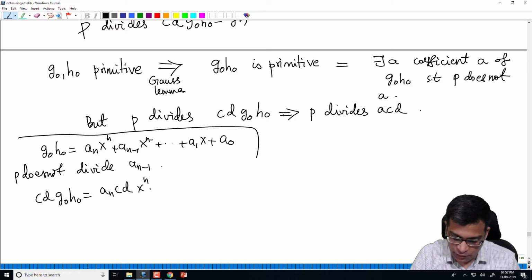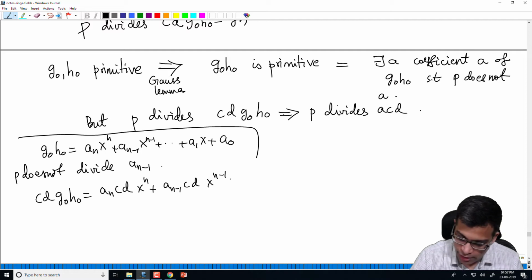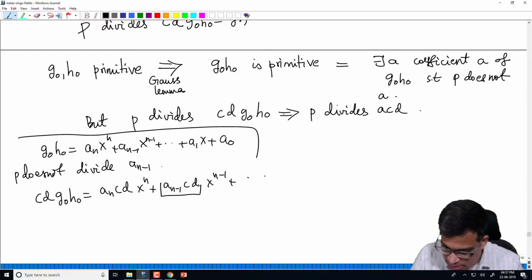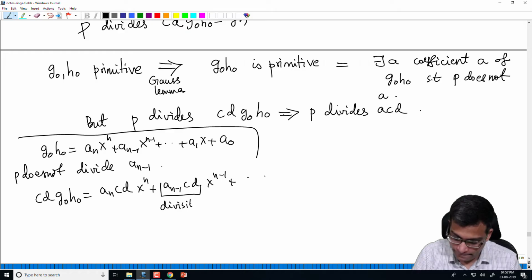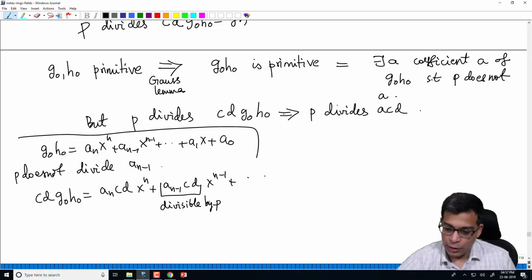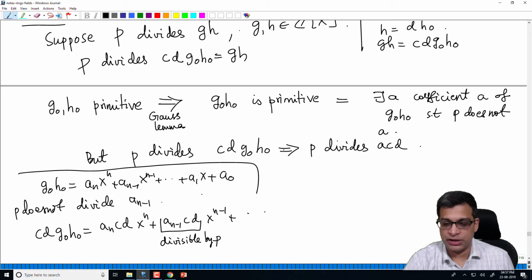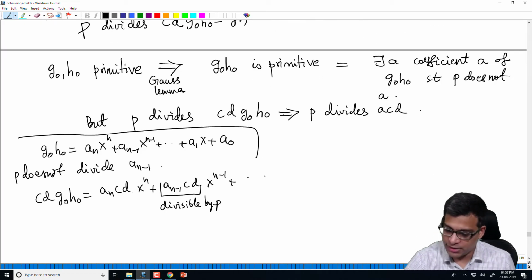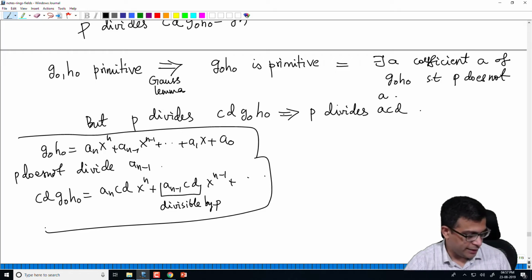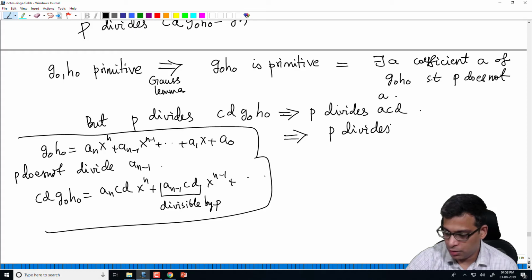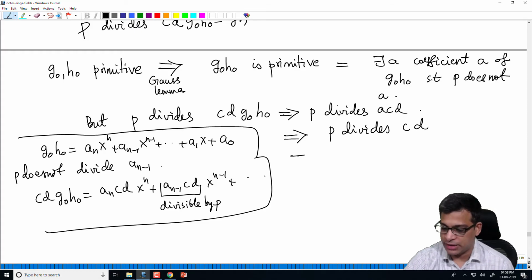Now this is divisible by p because p divides the polynomial gh, which is actually c d g0 h0. So p divides a c d, but p is a prime number that does not divide a, so p divides cd.